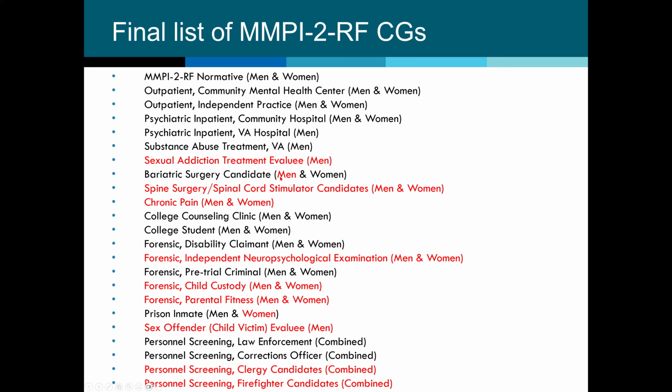We added a sample of male bariatric surgery candidates, spine surgery and spinal cord stimulator implant candidates, individuals in chronic pain treatment programs, a sample of individuals undergoing forensic neuropsychological examinations, two additional forensic samples of child custody litigants and parental fitness evaluees, a sample of sex offenders, and two additional pre-employment samples for clergy candidates and for firefighter candidates.